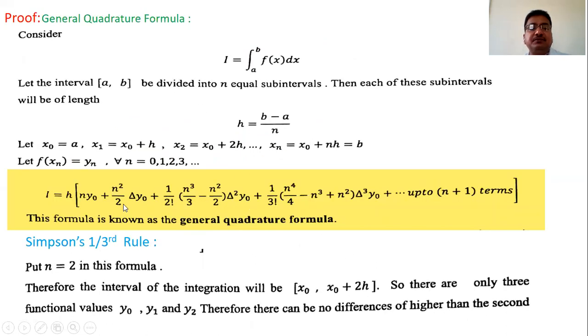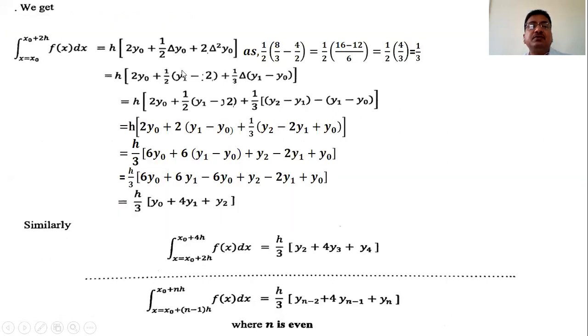N square by 2 means 4 by 2, that is 2. Right, here 2, and here is the correction that 2 2s are 4. So write 2 by 3 at this place, 2 by 3. Here write 2 by 3, and here write 2. And then calculate all these calculations. So what do we have?